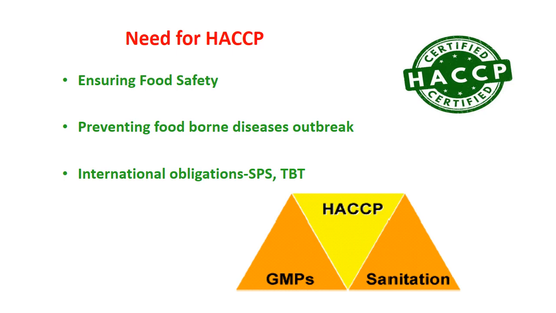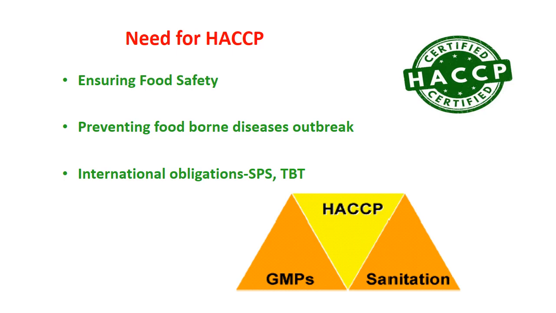So nowadays the whole world is connected. Foods are being imported or exported between all the countries, and for controlling that there is the WTO, World Trade Organization, which is the main clause for all kinds of import and export. In case of food, there are two important clauses, that is SPS and TBT. So we need to oblige or implement those requirements.